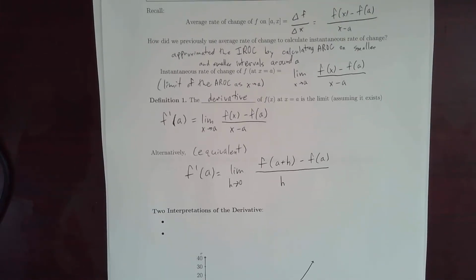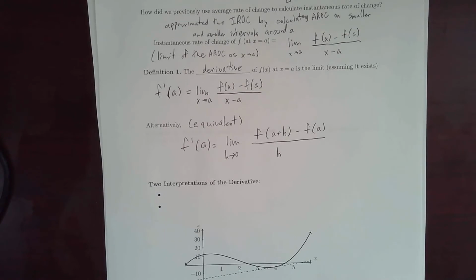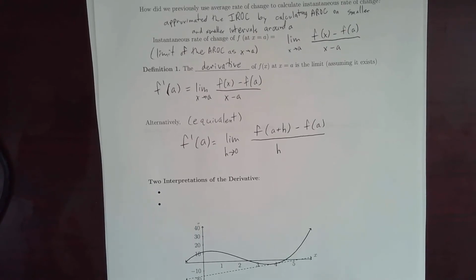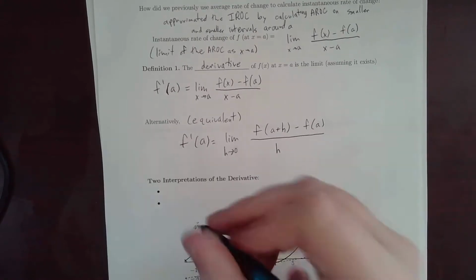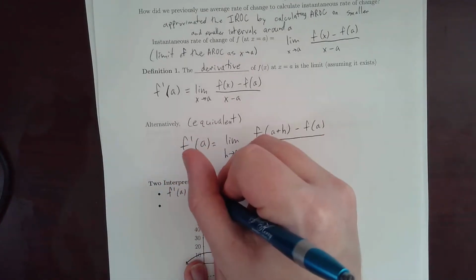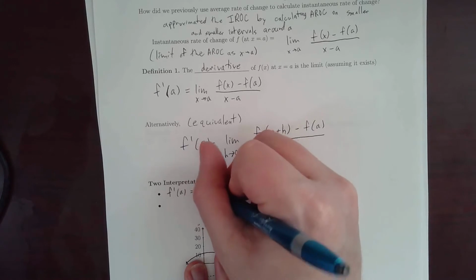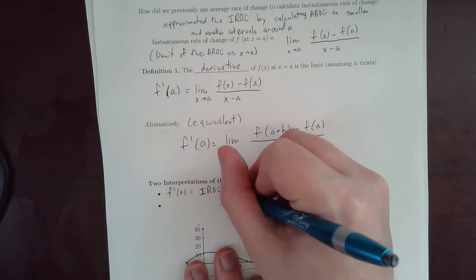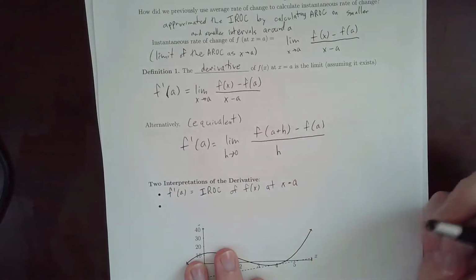Okay, now there are a couple of ways for us to interpret the derivative. So first is that f prime of a is the instantaneous rate of change of the function f of x at x equals a.